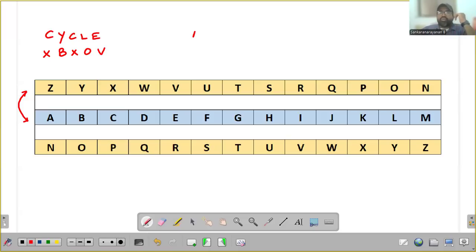In that logic, auto will be coded as A as Z, U as F, T as G, O as L. So what is the technique you should be knowing?